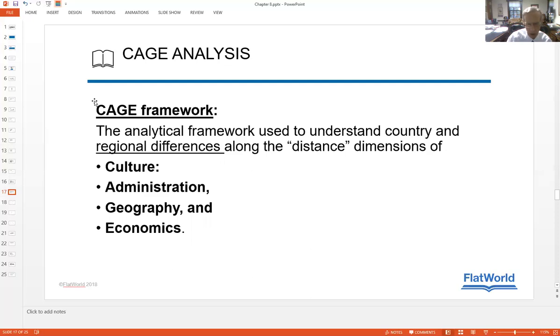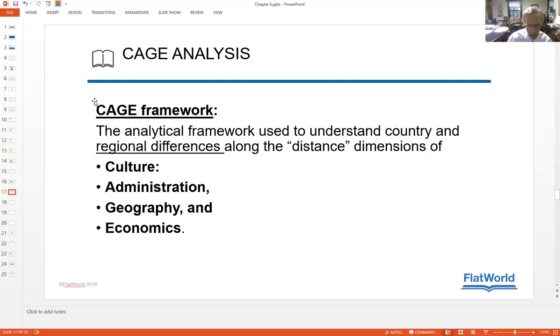One framework for clarifying alternatives that can be very useful is a device developed by a guy named Pankaj Ghemawat, an Indian fellow who is a professor at Harvard. And he has written extensively about international business and international strategy.